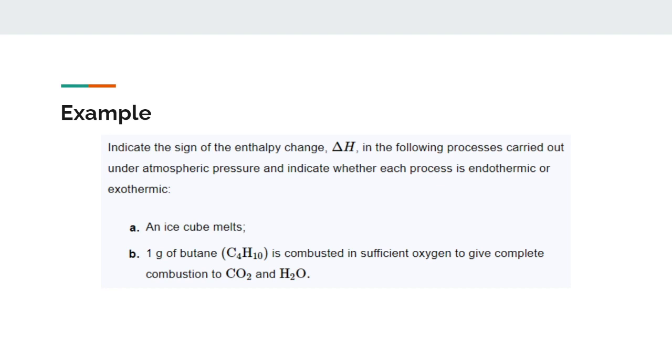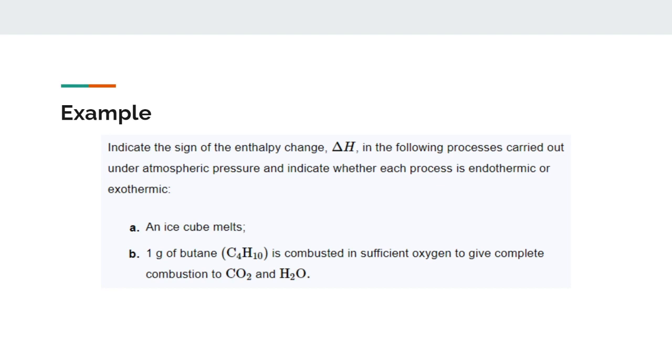So for these two examples, when an ice cube melts, in this reaction the system is gaining energy, because the ice cube requires energy and it needs to gain heat in order to melt. And then for this reaction in part B, it's a combustion reaction, which immediately off the top of your head is going to be exothermic, because combustion reactions always release energy or heat.